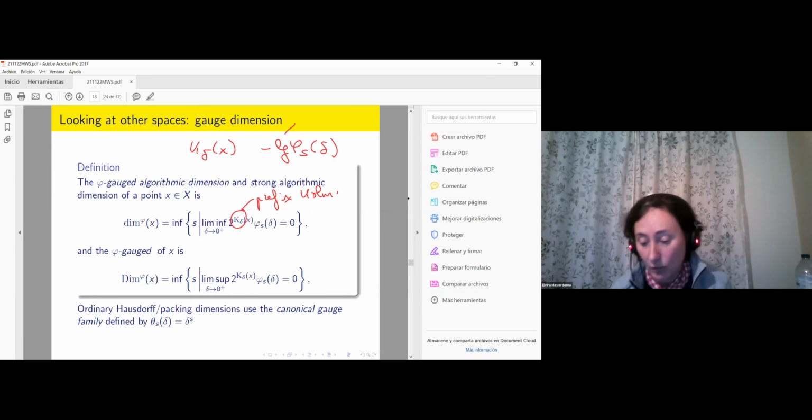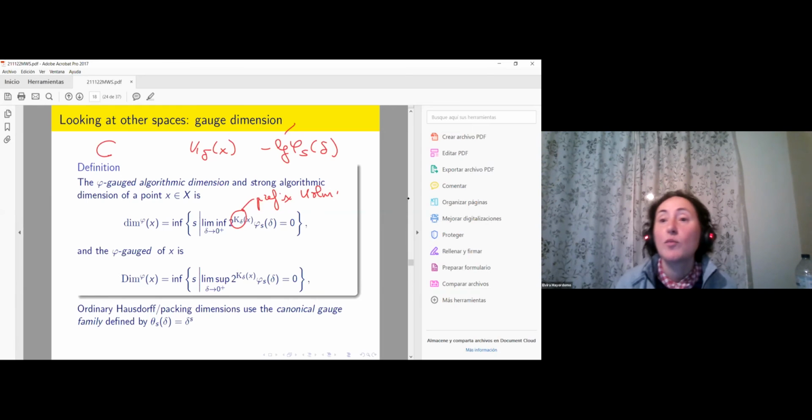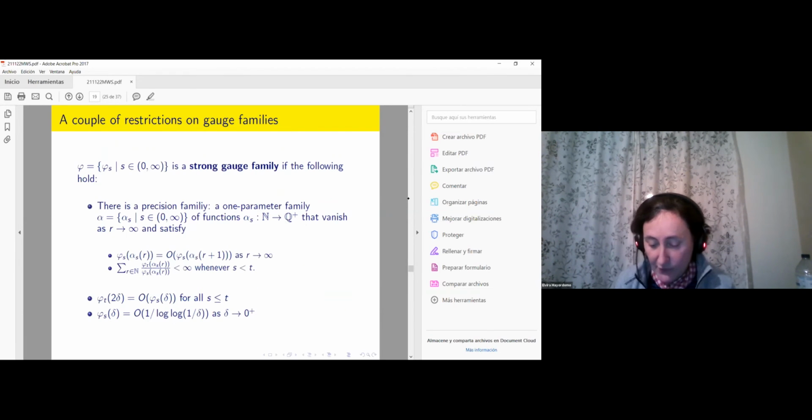You may want to use plain Kolmogorov complexity instead. But really, the sort of gauge functions for which we have been able to prove the point to set principle are not that big. So we're going to restrict gauge functions a little bit.